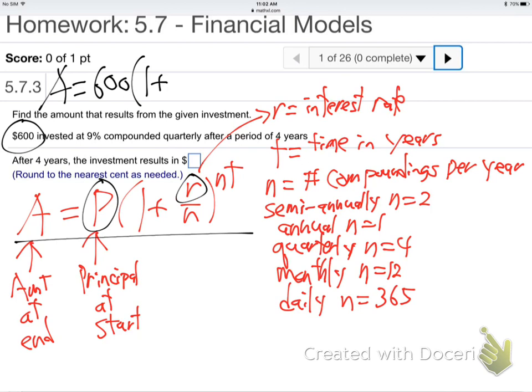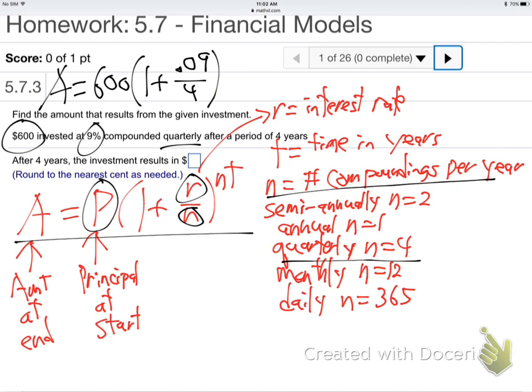What's the interest rate? 0.09. 9%. You always move the decimal 2 places, so make it a decimal. What's the N, the number of compoundings per year in this problem? Quarterly, 4. To the N again, N ends up in the power as well. T, what's T? 4 years.